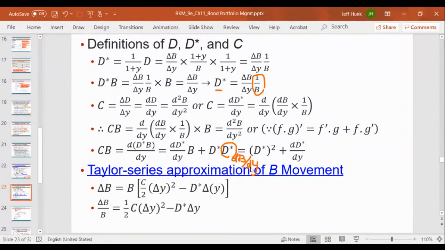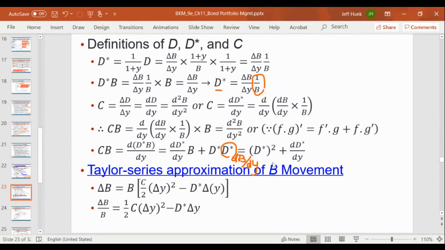And what is dB over dy? That's exactly the definition of duration, right? So we end up with duration squared, right?